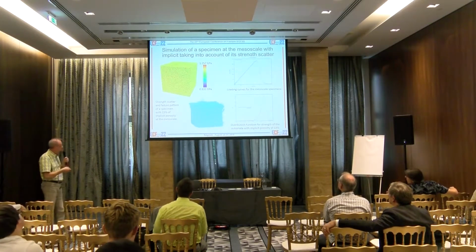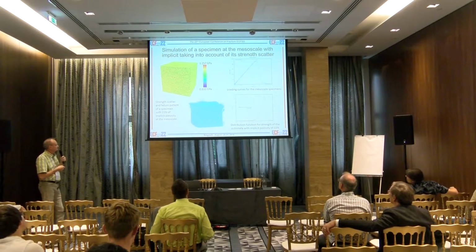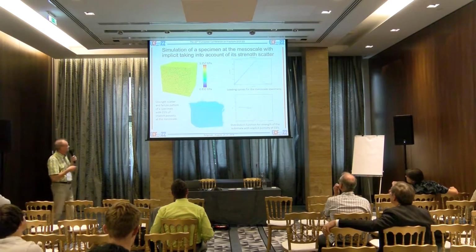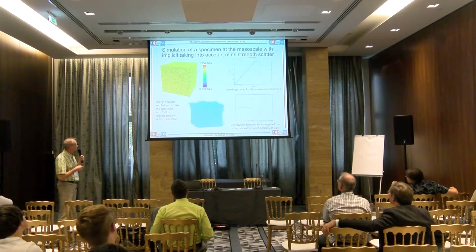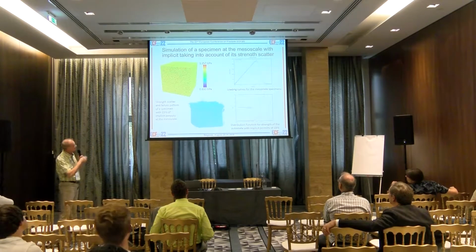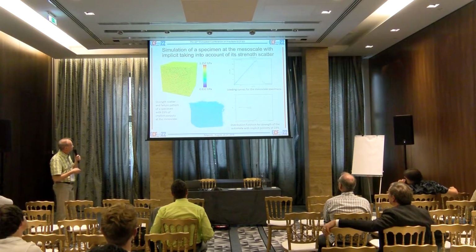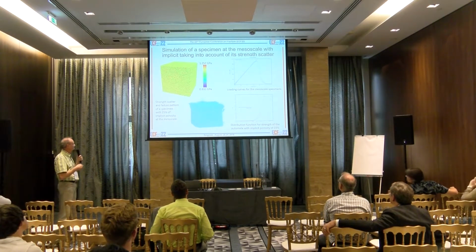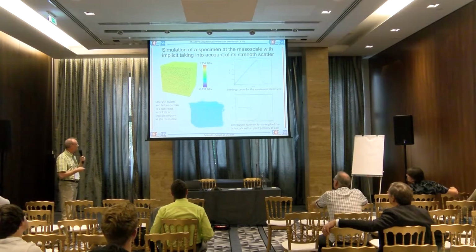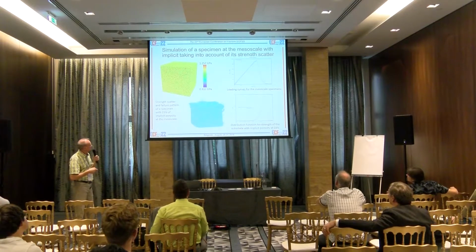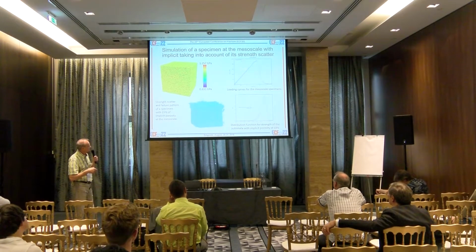And here we can see the mesoscale. This sample color means the scatter of the strength. And you can see the results for different realizations of this scatter. And we also have different stress-strain curves.